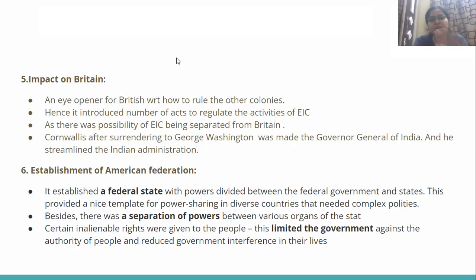Okay, so why fundamental rights are there in Indian constitution? These are limitations on the power of government, so that government should not cross its limit. It should not become autocratic and infringe people's basic rights. Okay, so many of the points of Indian constitution, they have been taken from the American constitution.